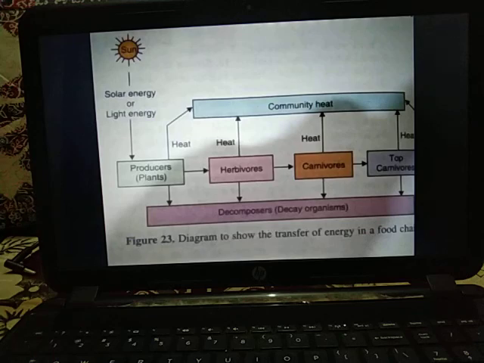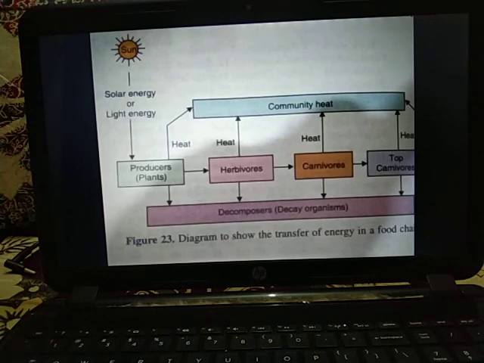Now we can say that there is a subsequent loss of heat or energy from the organisms when the energy is passed from the producer to the consumers. In each successive trophic level, there is a reduction in the energy of the consumer.